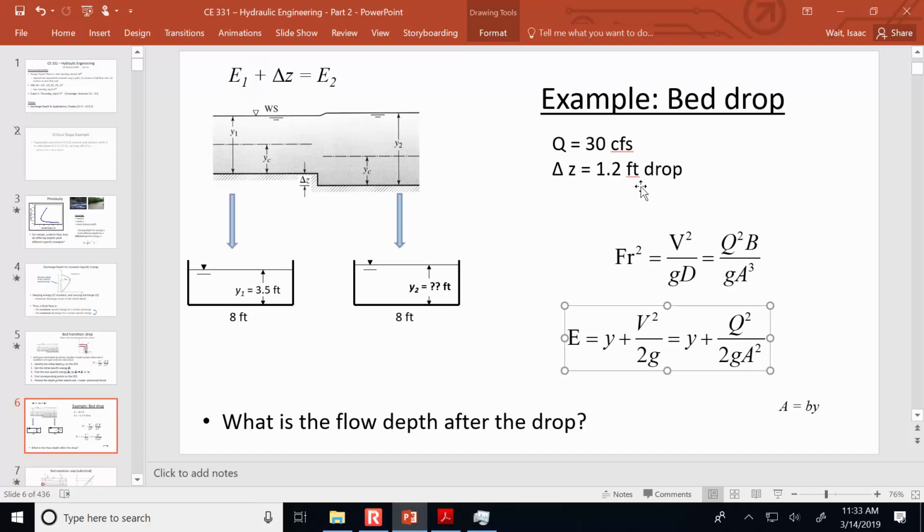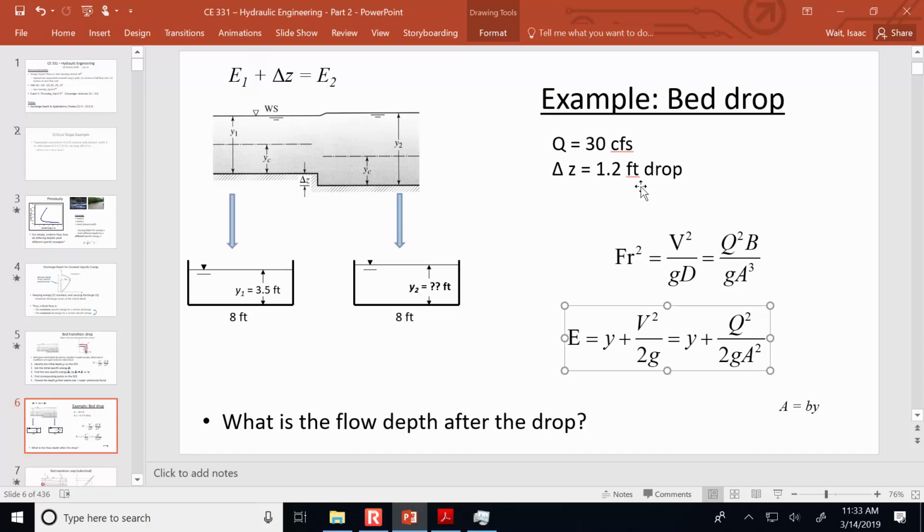Now A is just the width of 8 feet times the depth at location 2, and then we have to square the area term. So what you'll see is that we have an equation and there's only one unknown. The only unknown is the depth at 2.